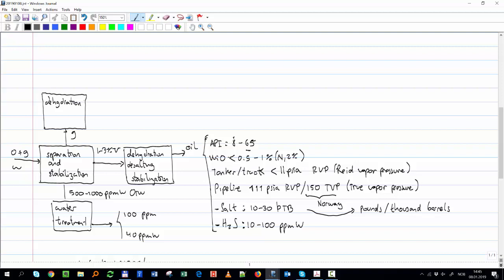We don't want liquids, something that we don't want. Okay. After that, what do we have? Compression, right? And here we say it can go to power generation, gas lift injection, EOR injection, all kind of injection, okay?